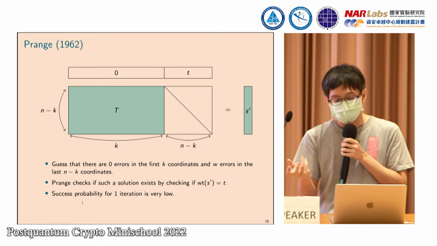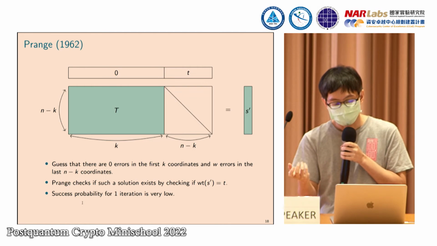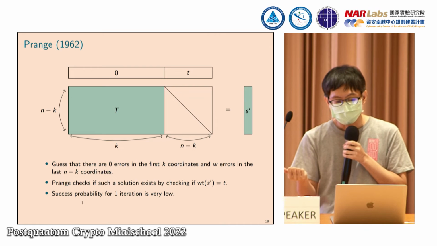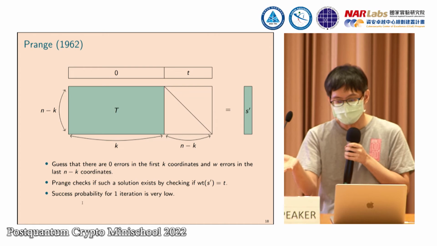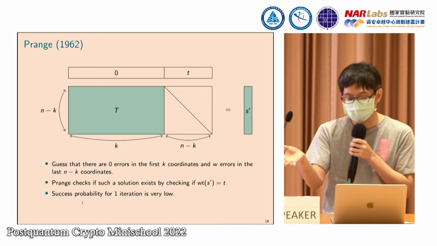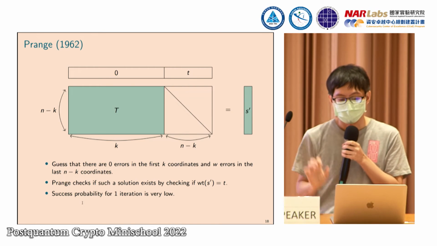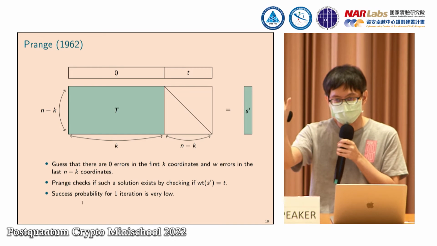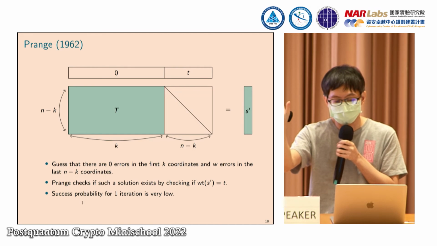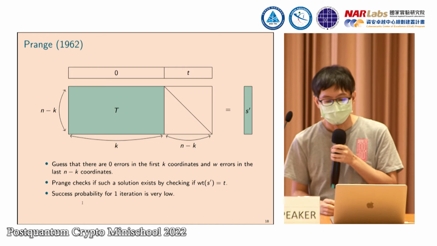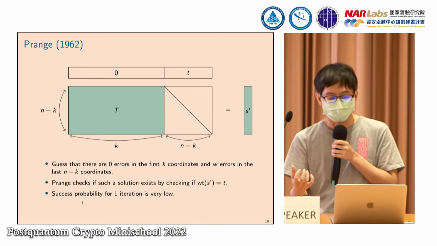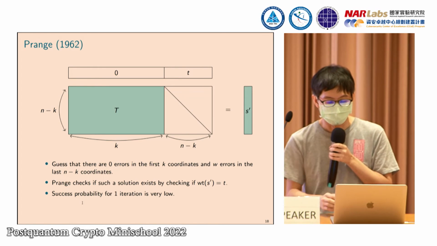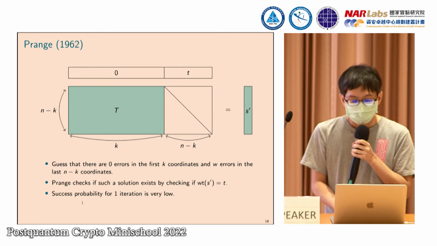If we have a weight t syndrome S prime, I think it's very easy to imagine that we can put this S prime as the last n minus k entries of our error vector, and then we find a solution for the problem of finding E prime for S prime equal to H prime times E.